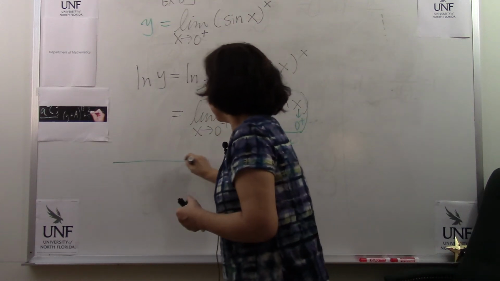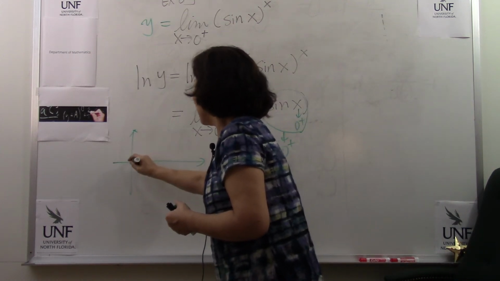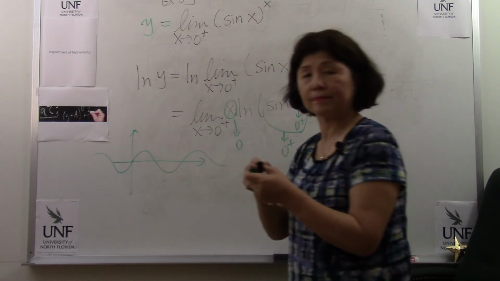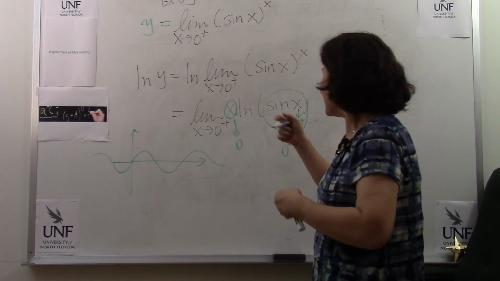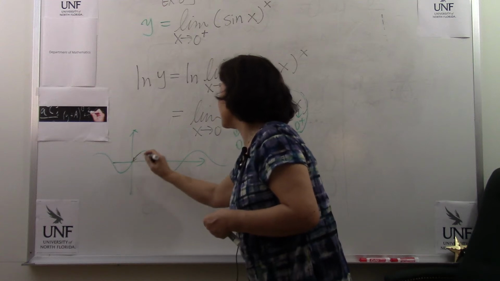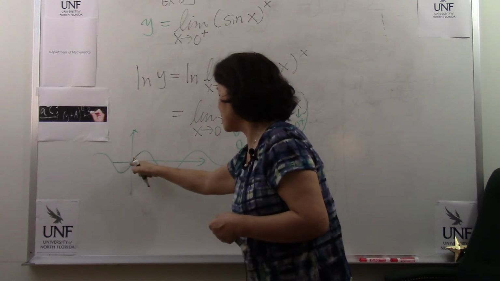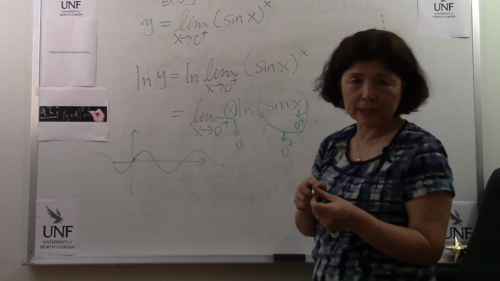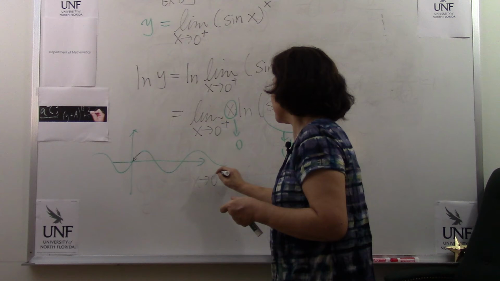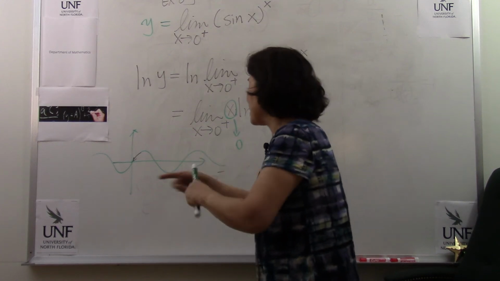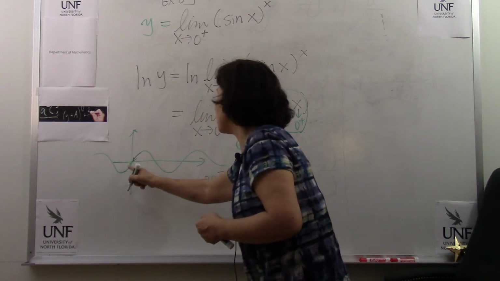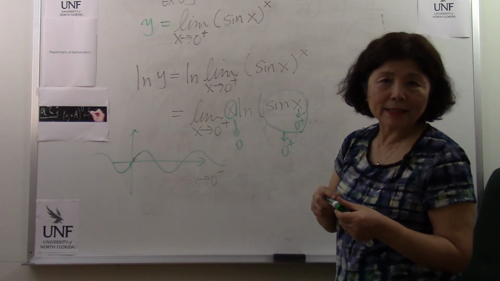Look at this sine function graph. The sine function graph is continuous everywhere like this. As x goes to 0 plus, coming from this direction, it is still going to the positive side. On the other hand, if x goes to 0 minus, it is coming down from here, approaching 0 from the negative side.